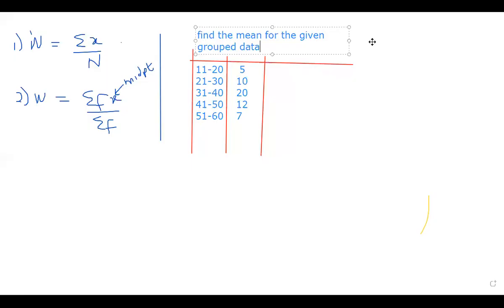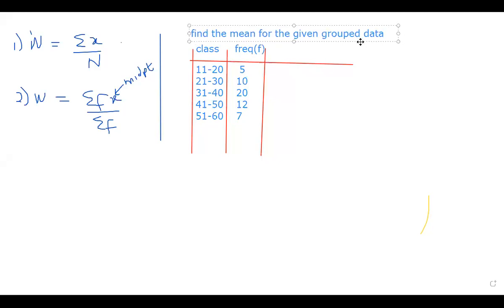Try this example for me. You have to find the mean for the given grouped data. I'll give you a few minutes to get the mean. Make sure you document all the processes, because I'll take the values for each column before we get to the mean.